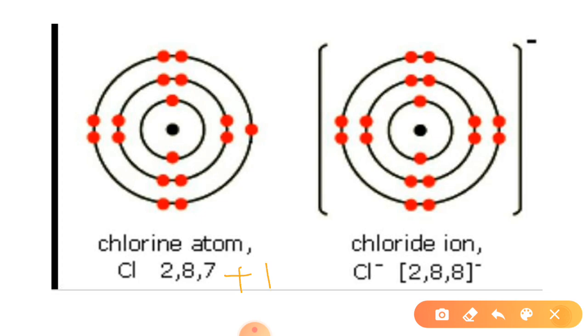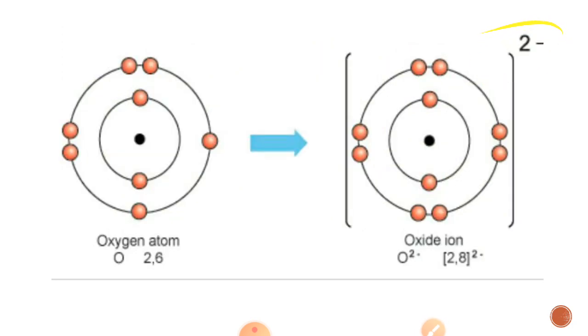Here you can see that it gains one electron. 1 2 3 4 5 6 7 8, yes, 8 electrons in the outermost, so it becomes chloride ion. As it gains one electron, it will become negative.